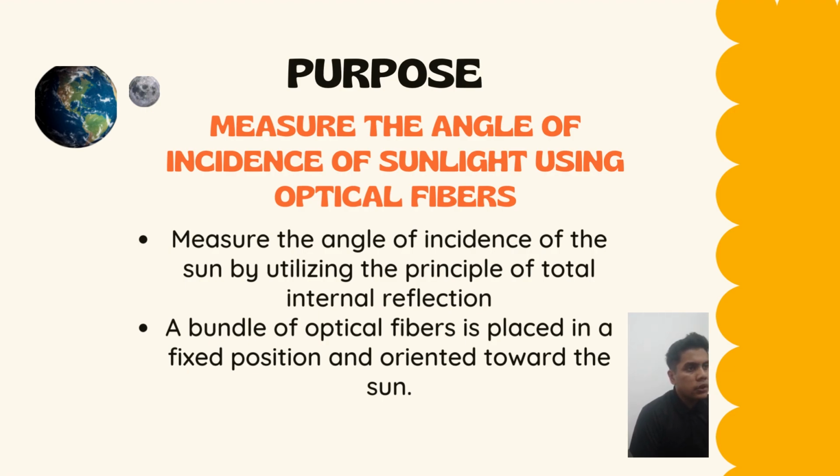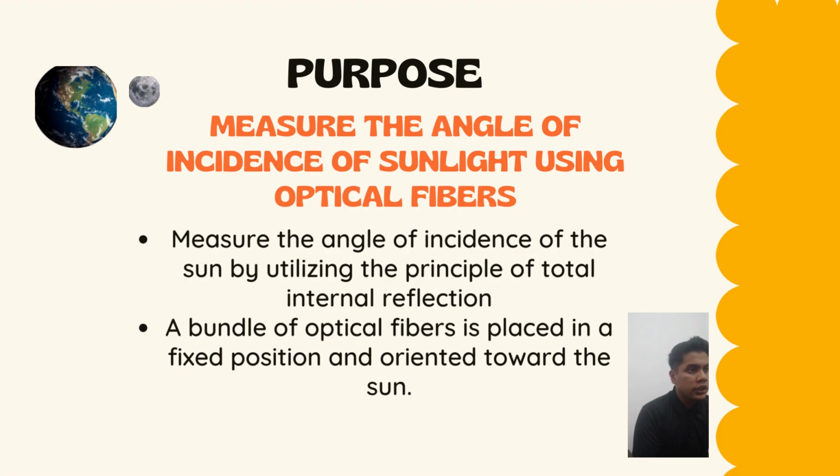Today I will propose measuring the angle of incidence of sunlight using optical fiber. Firstly, measure the angle of incidence of the sun by utilizing the principle of total internal reflection. So, optical fiber is used to measure the angle of incidence of the sun by utilizing the principle of total internal reflection.